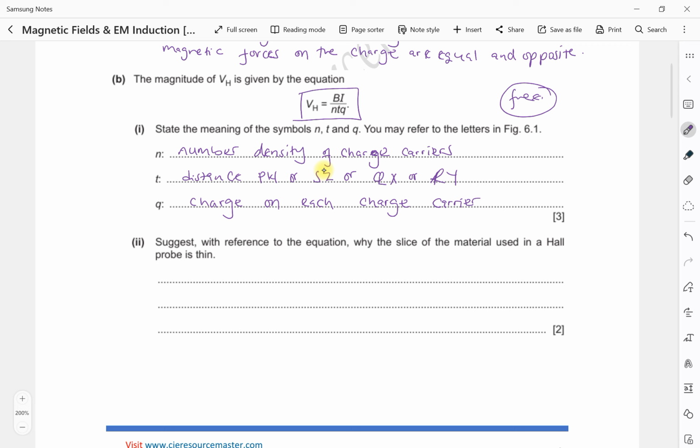Okay. Suggest, with reference to the equation, why the slice of the material used in a Hall voltage probe is thin. So we notice that VH is inversely proportional to the thickness. A thinner material means when T is smaller, VH is going to be larger. And therefore, a thinner material will give a large Hall voltage, which is easy to measure.